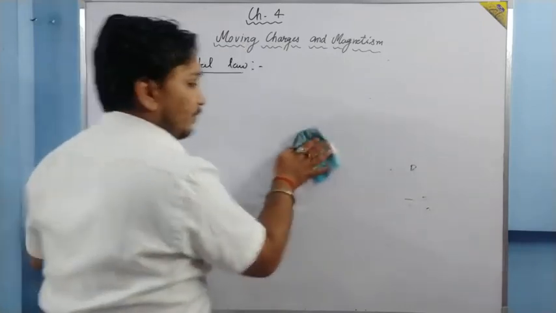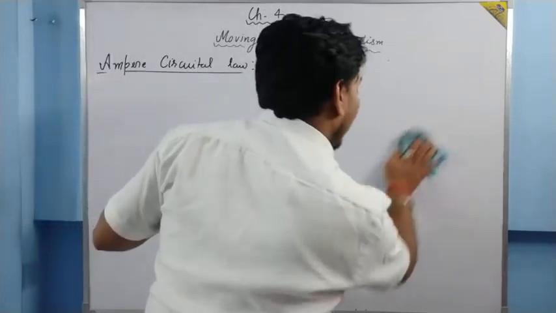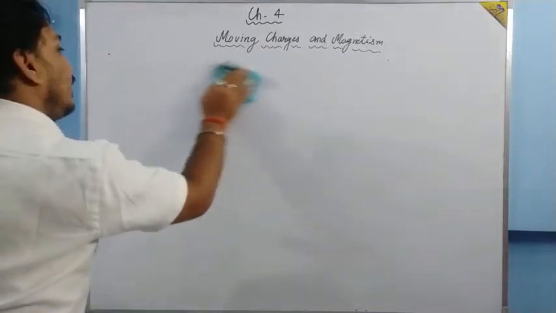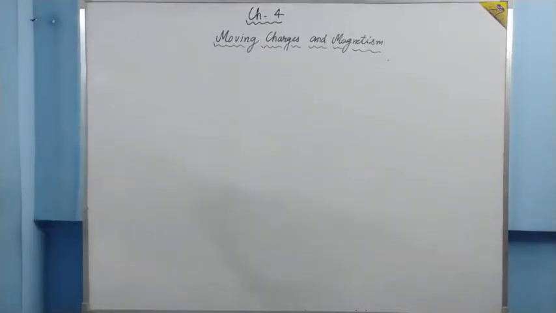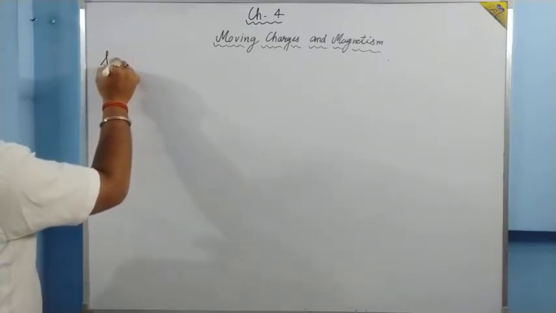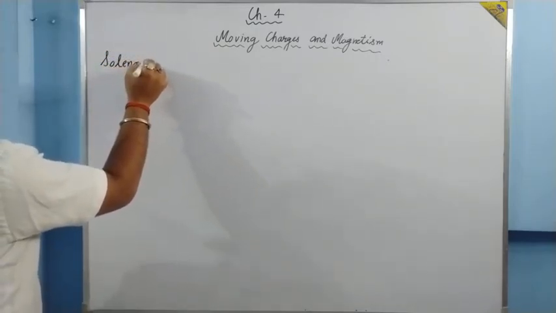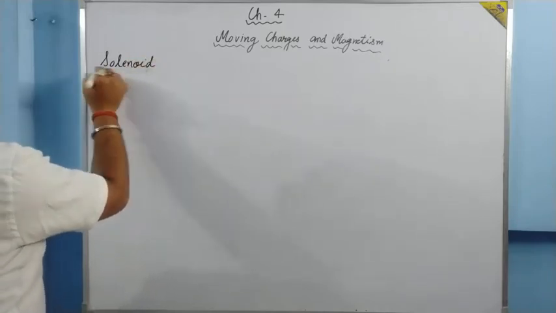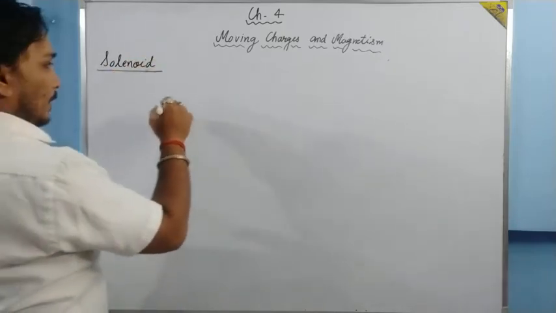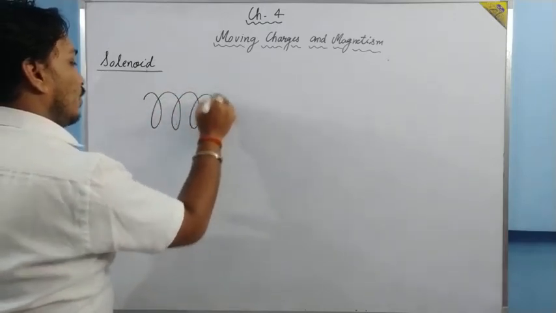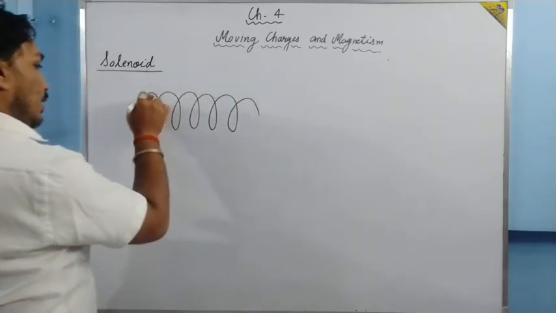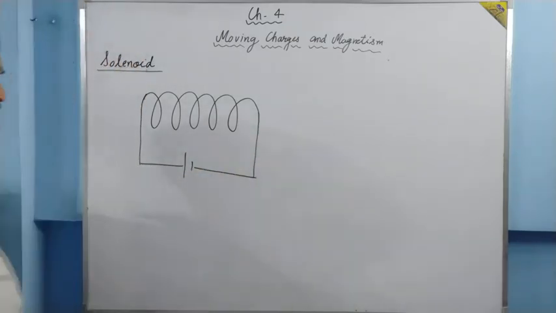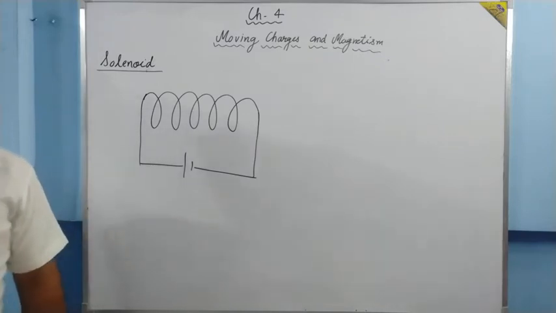Before doing that, what is a solenoid? You have studied it in class 10th. Solenoid is basically a thick conducting wire bound in helical shape, and if current is flowing through that helical shape, it behaves like a magnet.